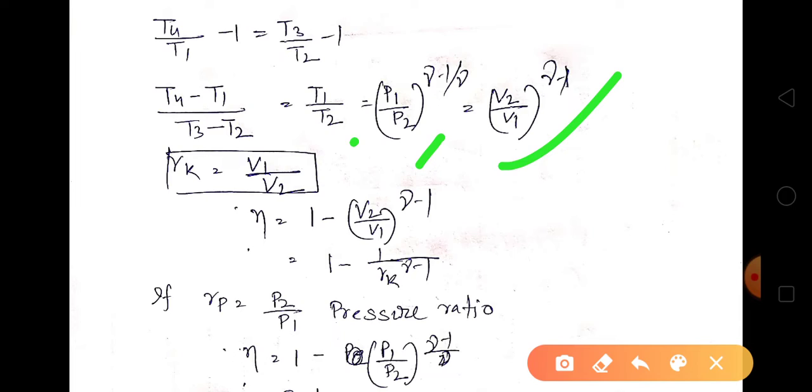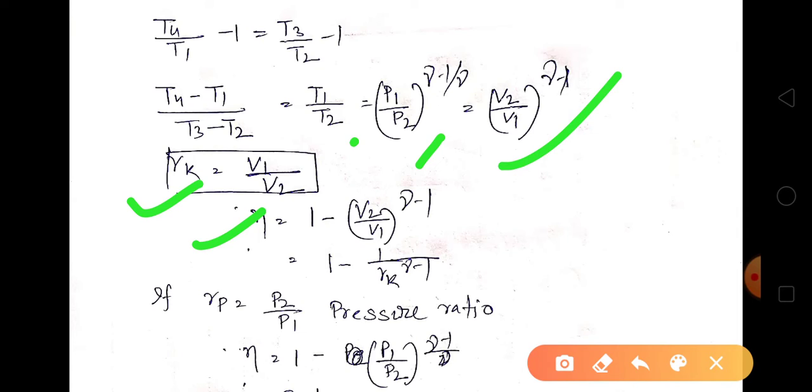You can write this by the law of adiabatic expansion or compression. Now you know that rk, the compression ratio, is equal to V1 by V2. So the efficiency becomes 1 minus (V2 by V1) whole to the power gamma minus 1.